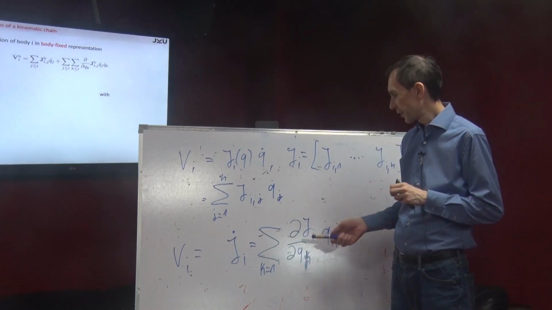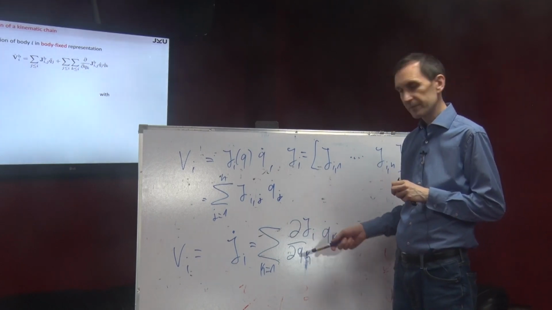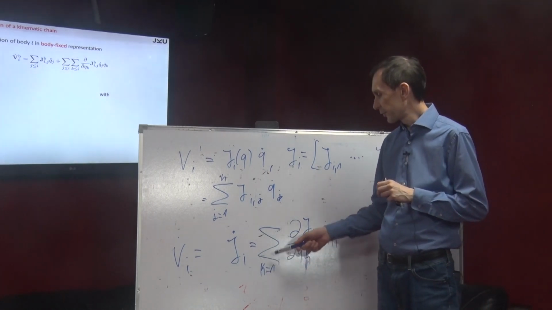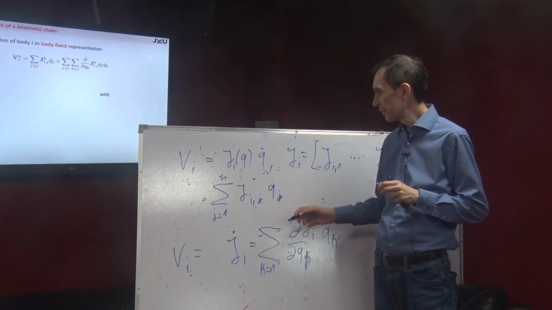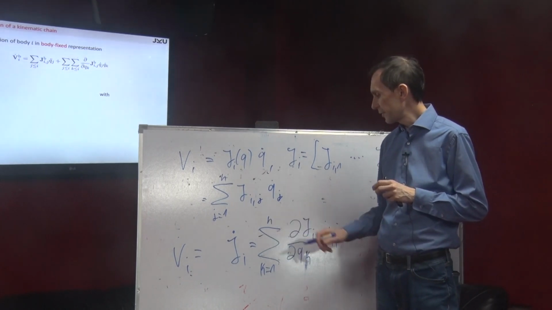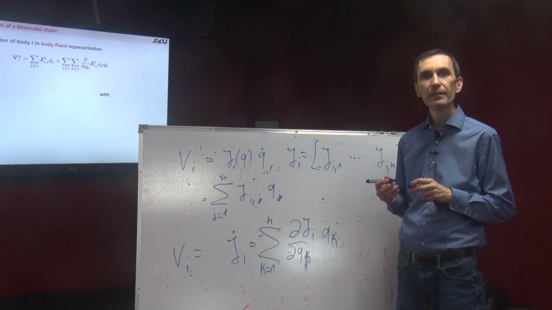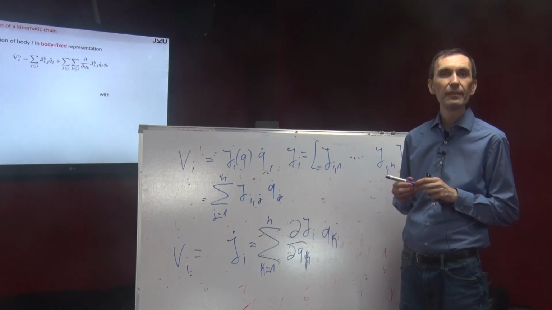What I'm asking is, which of the partials is 0? Or the other way around, how far do I have to go with this sum? Should it be n, the number of joints?